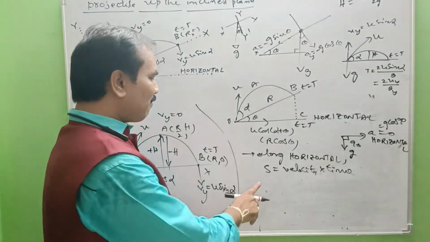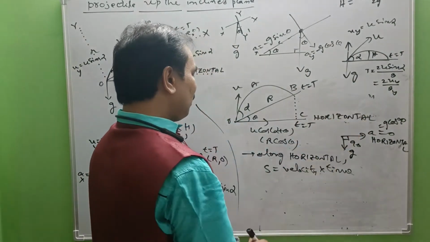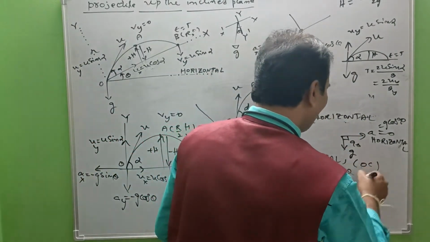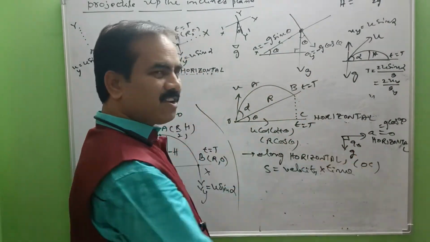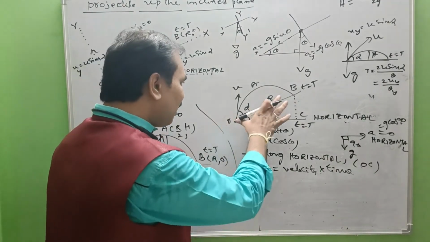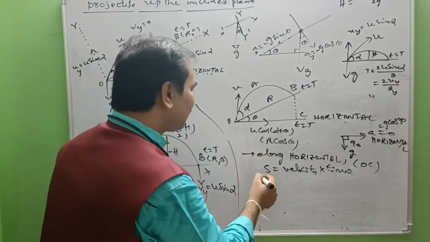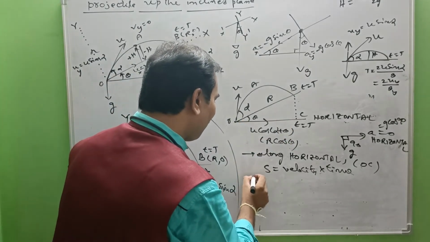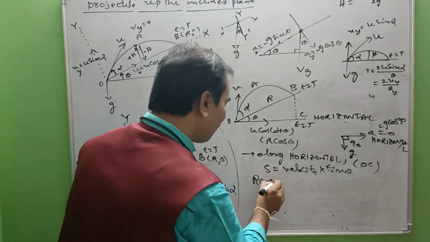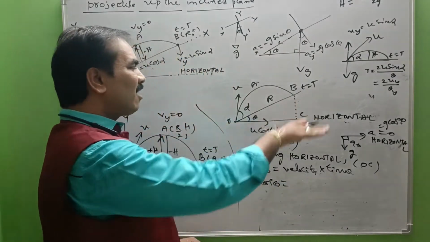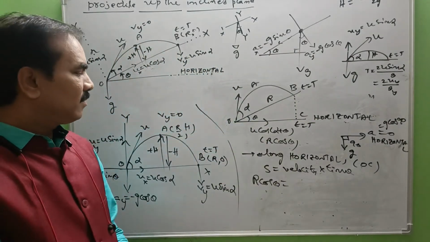So that's why I am taking displacement along horizontal, that means along OC. Displacement equals velocity into time. If it is R, the component along OC is R cos theta. R cos theta equals velocity along horizontal OC. What is the velocity?